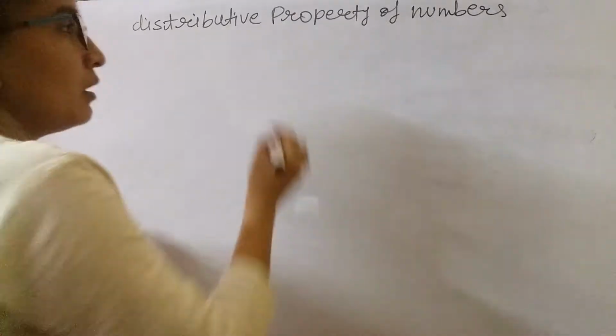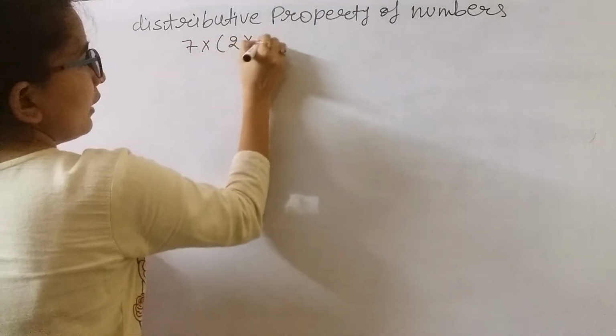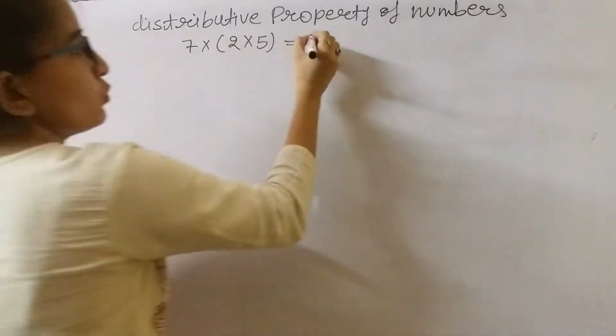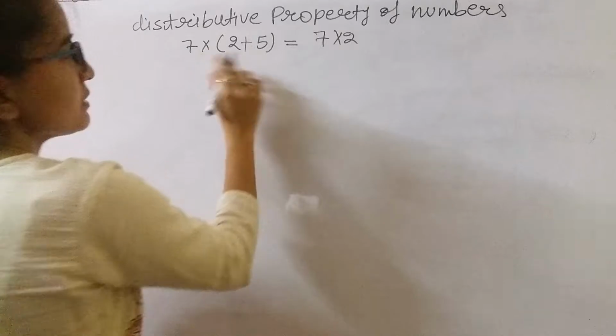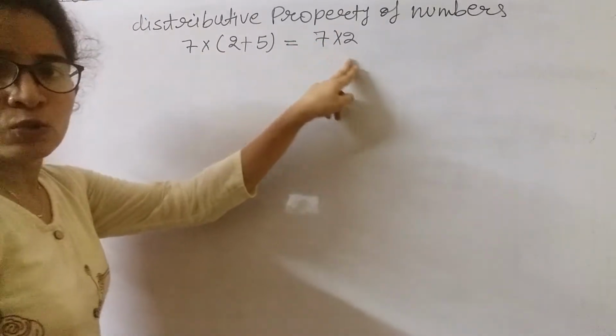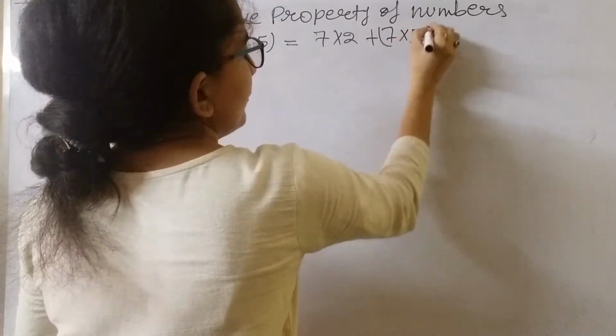that is 7 multiplied by 2 plus 5 is equal to 7 into 2 plus 7 into 5.